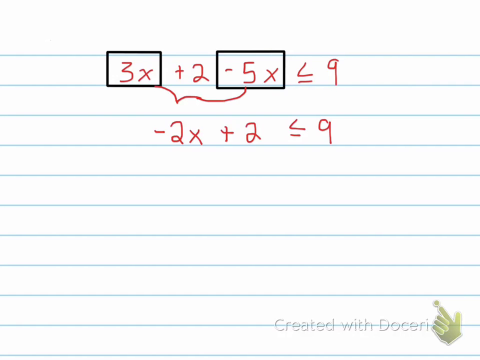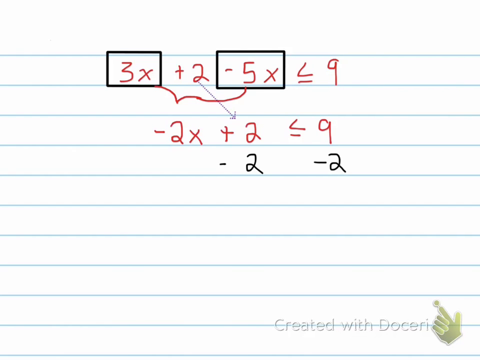This one's not going to work out that nicely, but that's okay. It's actually good to get used to fractions, because we can get fractions. So now I'm going to subtract 2 from this side and subtract 2 from this side.